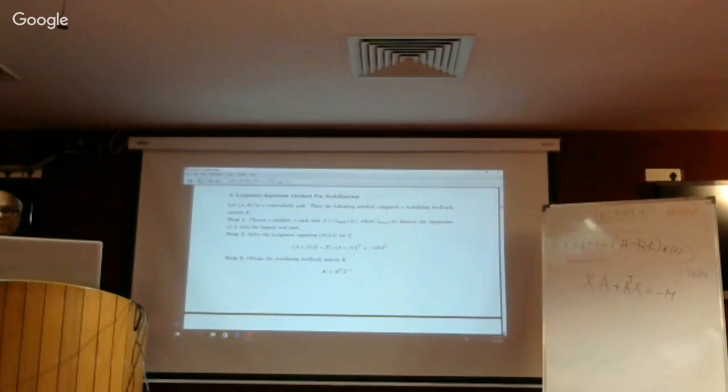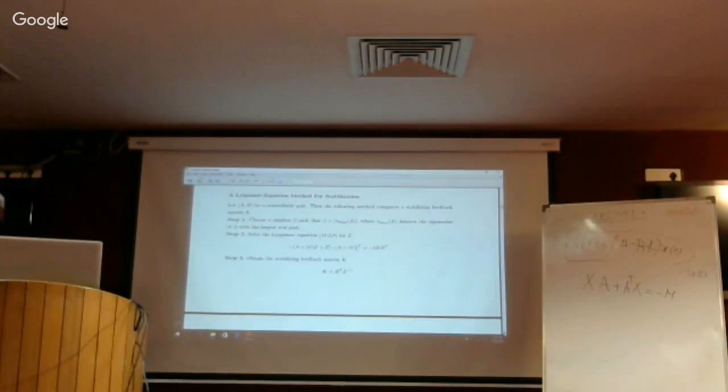That guarantees that A plus beta I has all its eigenvalues with positive real parts. That means minus of A plus beta I has all its eigenvalues with negative real parts. So that guarantees that the Lyapunov matrix equation in step 2 will have a symmetric positive definite solution Z.